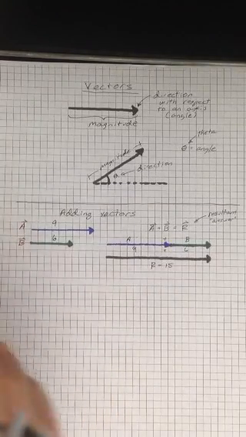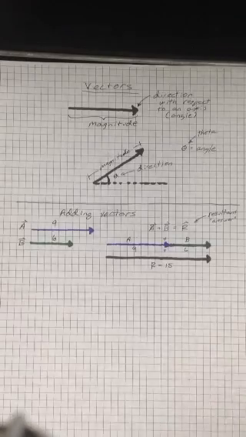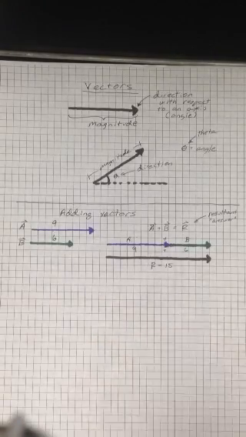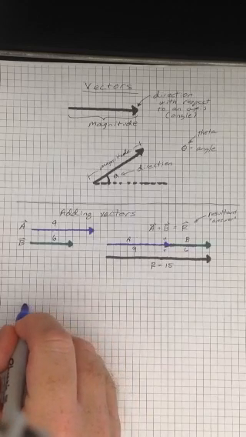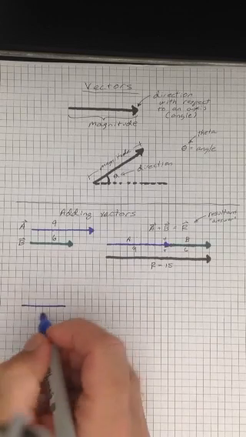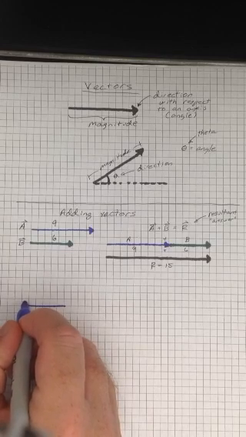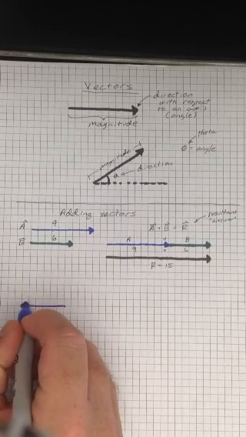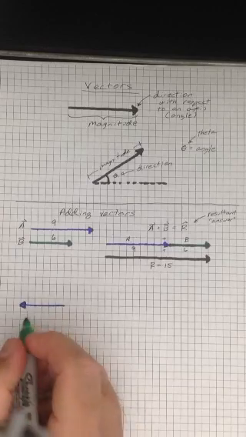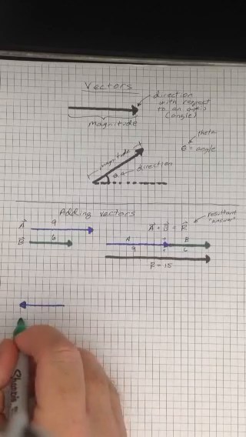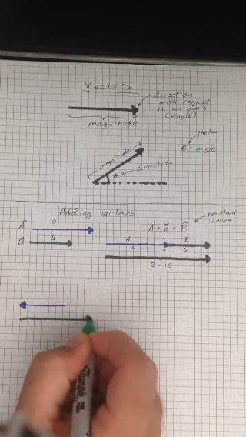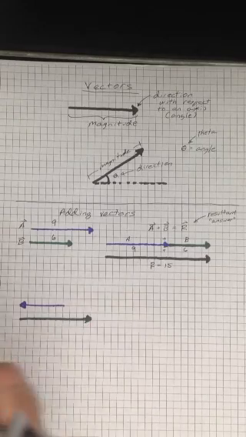What if I have different vectors? Let's say I have vector C, which I will only make this long, going the other direction, and vector D out here, which I'll make this long in that direction.